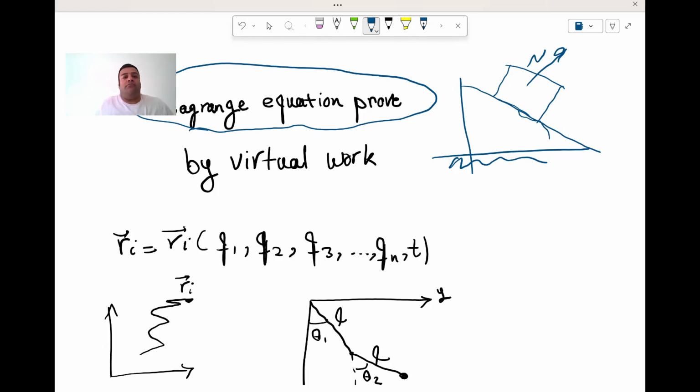You can write F equals ma, but it's so hard. Therefore, in this section I'm going to discuss how this formula is produced, and you can use it instead of F equals ma.